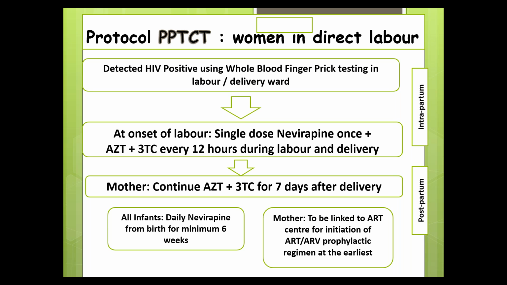Okay, this is when the woman is detected HIV positive during labor. So it is always mandatory for the woman to get tested for HIV at labor. Okay, previously they might not have been infected, but during labor also they might get infected. Okay, so that is about the HIV class.